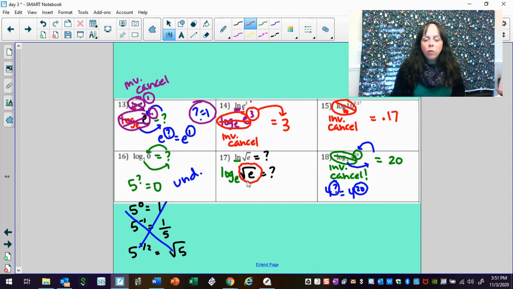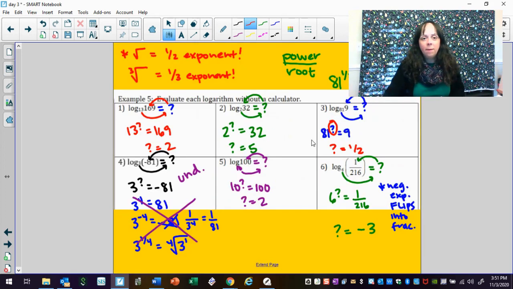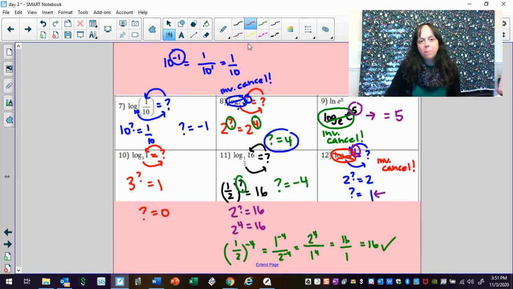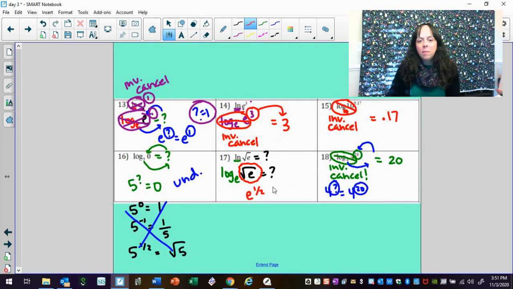A square root is the same as e to the 1/2 power. Where was that slide? Remember this up here? A square root is the same as a 1/2 exponent. Same thing here. Square root of e is e to the 1/2.